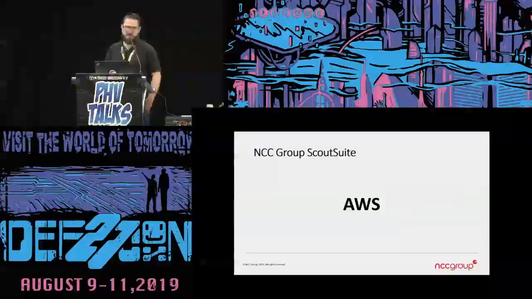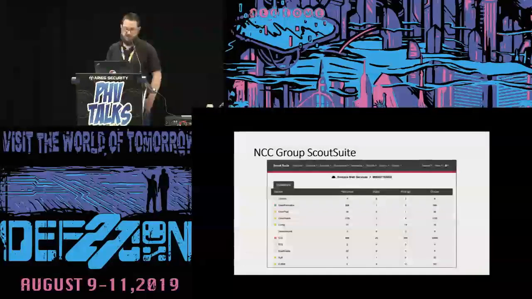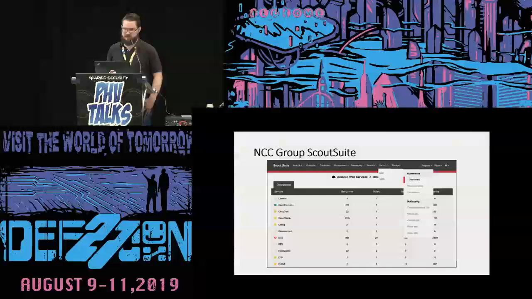So using Scout Suite against AWS. When you run Scout Suite against an AWS account, you will get a very similar interface to this. You'll get the account number. You'll see the services that Scout Suite looked at, and we've got some drop-down menus up top that allow you to get to different dashboards. Here we're looking at the IAM dashboard.